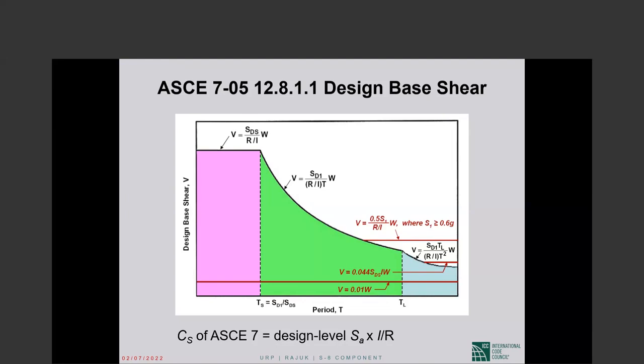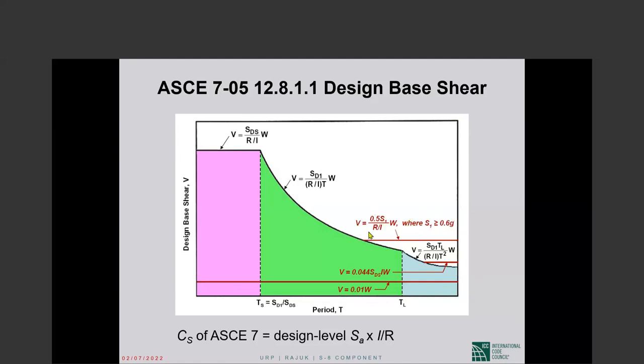The other minimum is where our site is located in a relatively high seismic area, where the mapped long period quantity S sub 1 is larger than or equal to 0.6 g. This is the rough equivalent of old UBC zone 4.